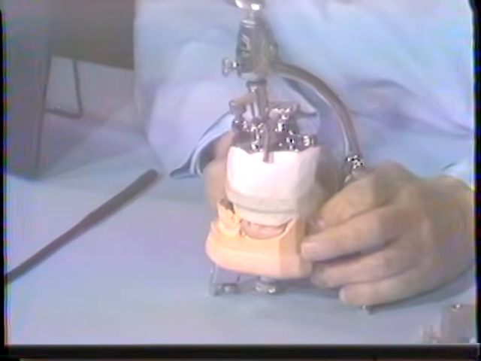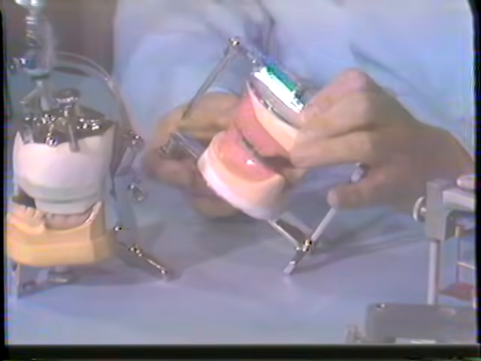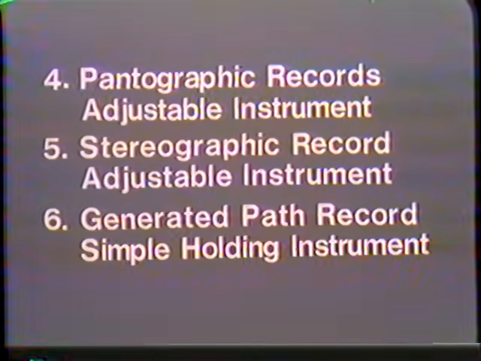Now, for this procedure, we need only a simple holding instrument again. We can use this one as a simple holding instrument, or we could have used one of these that we showed earlier, because all you need is really a hinge instrument. Now this is all, though, if you do not change the occlusal vertical dimension. Again, whenever we anticipate a change in occlusal vertical dimension at any time in subsequent records, we should have a facebow transfer.